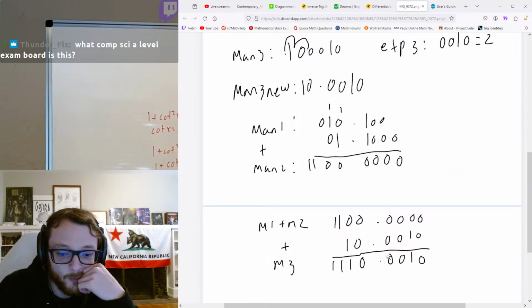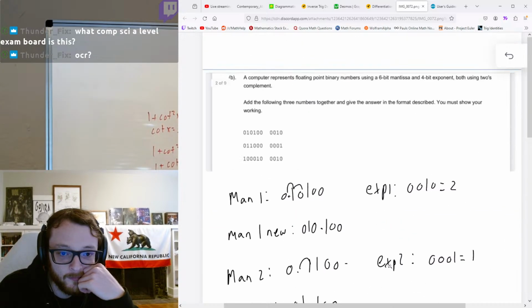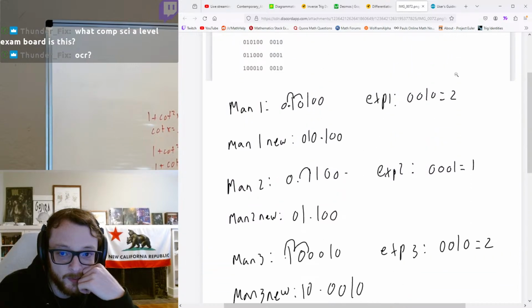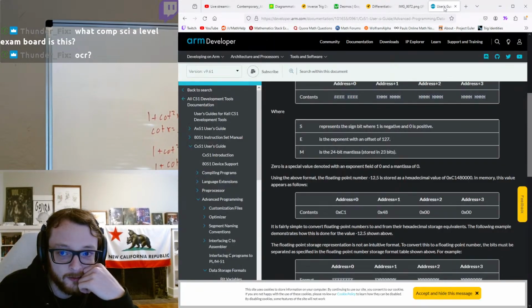I think at the end you would have to translate it back into this 6-bit mantissa, 4-bit exponent form. I'm trying to remember how to check the actual math though.